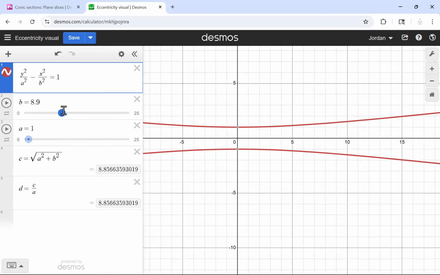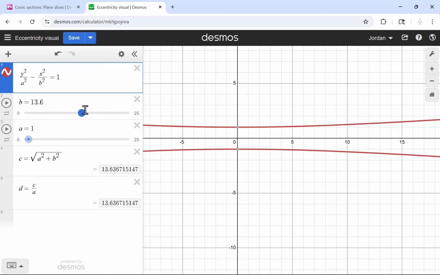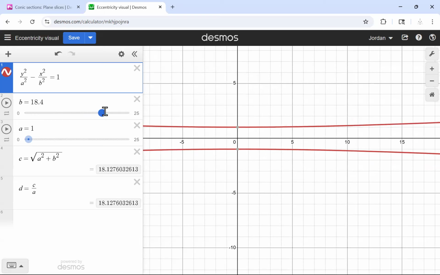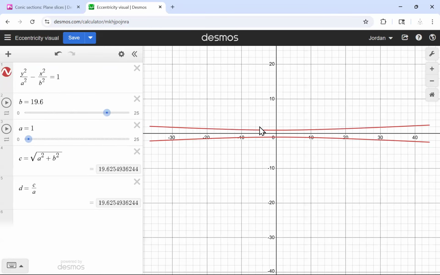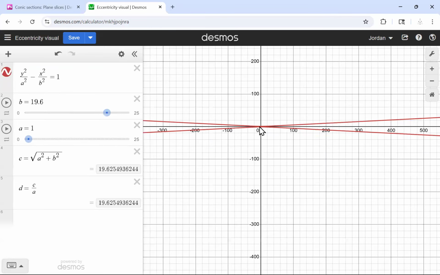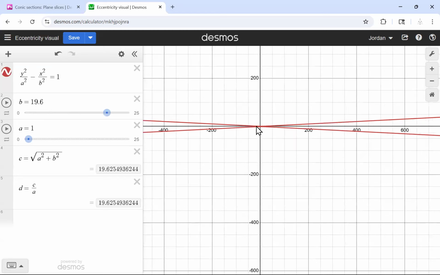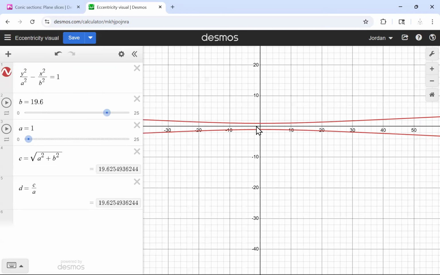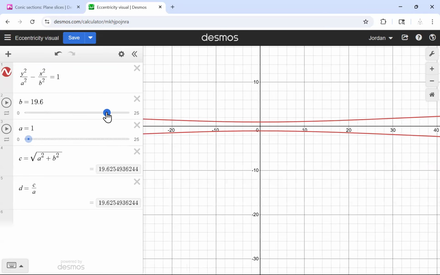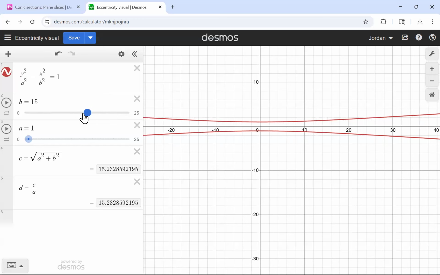As you start increasing that eccentricity, the hyperbola starts looking flatter and flatter. And as you zoom out, it looks like 2 straight lines. So in 2 dimensions, that's what it starts looking like, flatter and flatter.